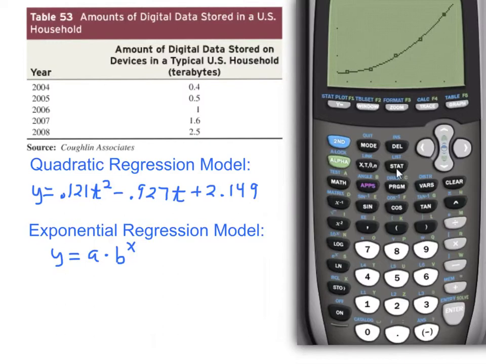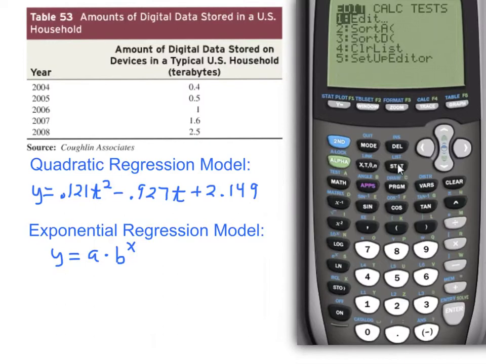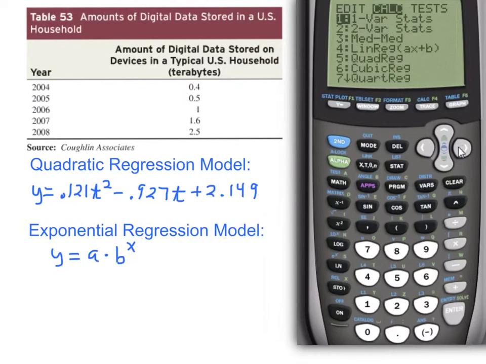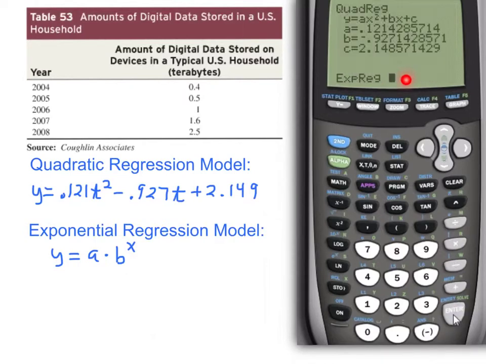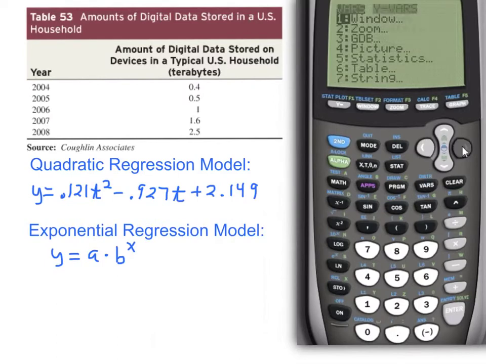Now I'm going to use my calculator to find that exponential regression model. So we're going to go to stat and then calculate again, and then we're going to scroll all the way down to EXPREG, and then I'm going to go ahead and enter that automatically into Y2 like I've done with the other ones.